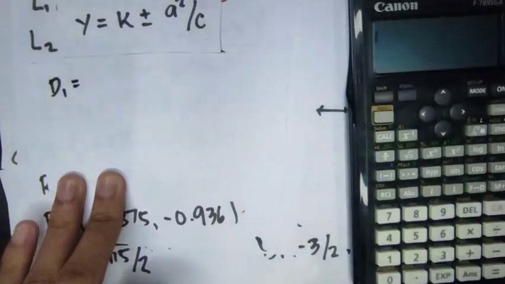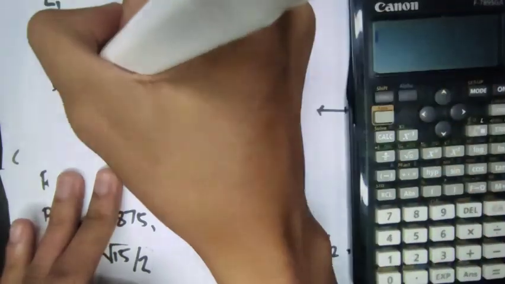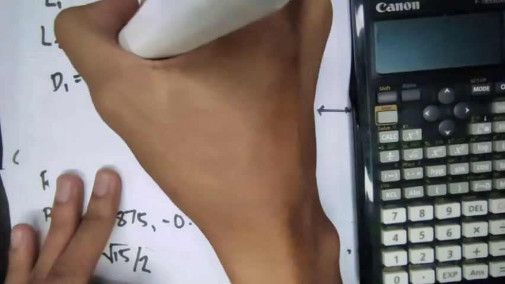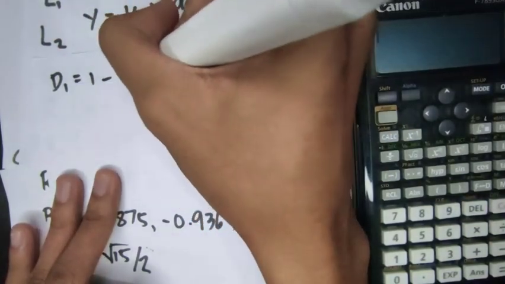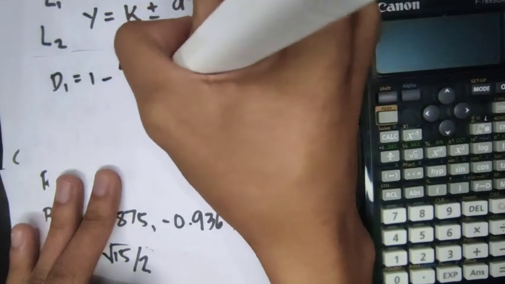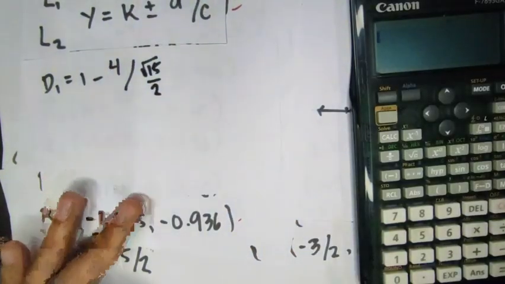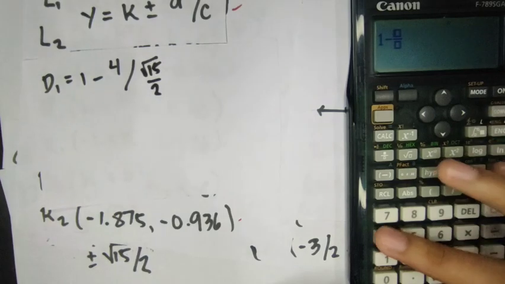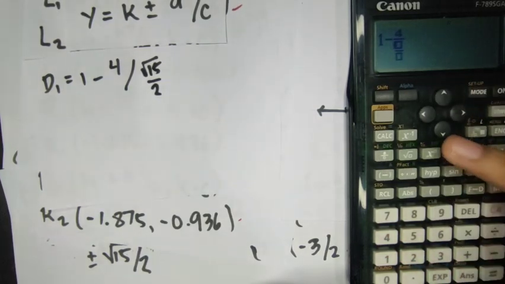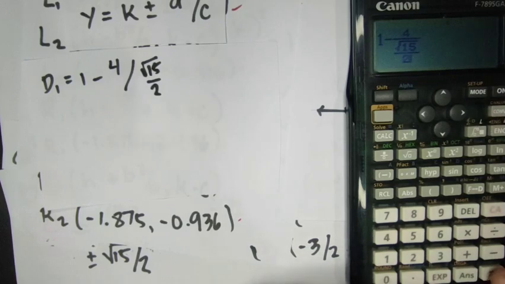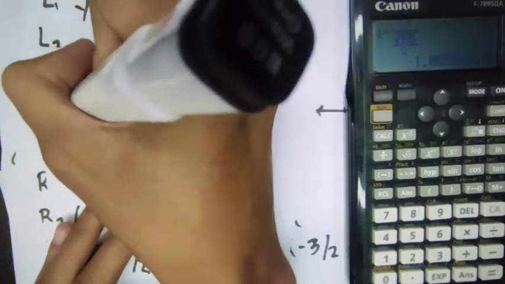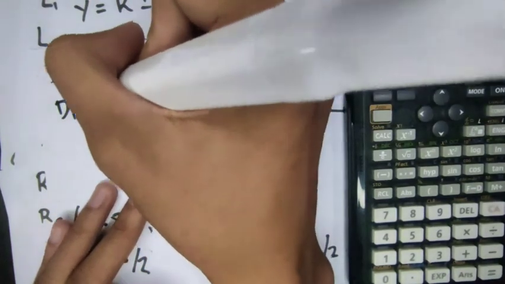And now we will just input it to our calculator. So for our first directrix, it would be negative 1.06.